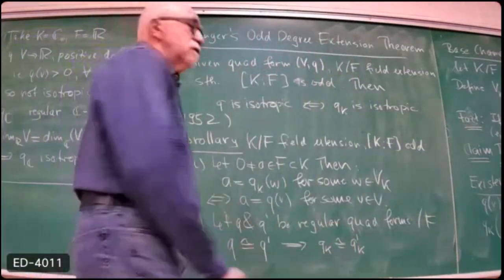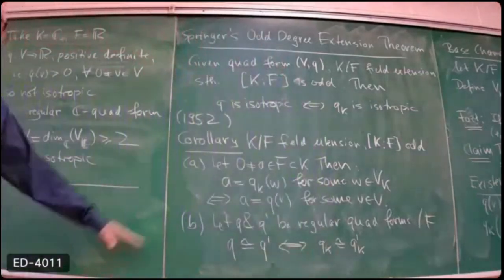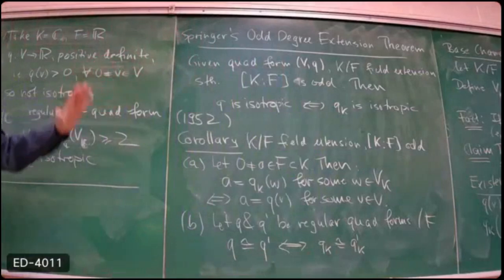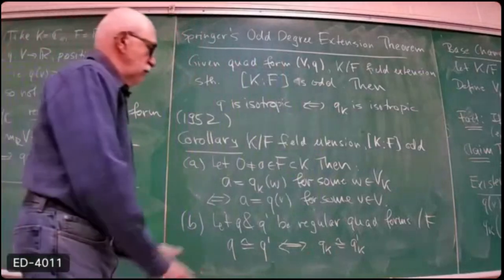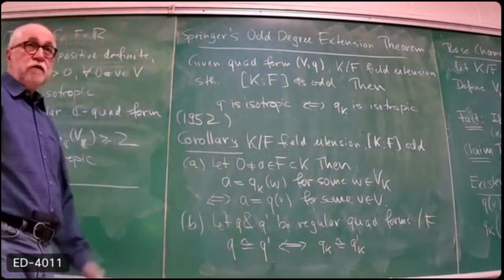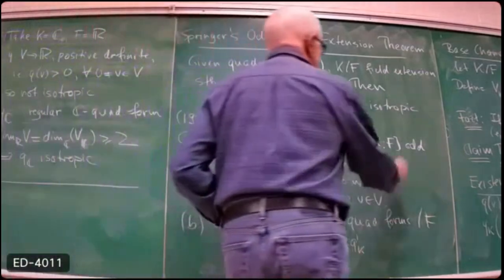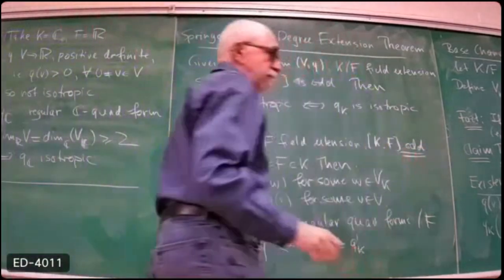But the point is that you can go back. Isometry is preserved: regular quadratic forms are isometric over F if and only if they are isometric over K. So this leads to that.